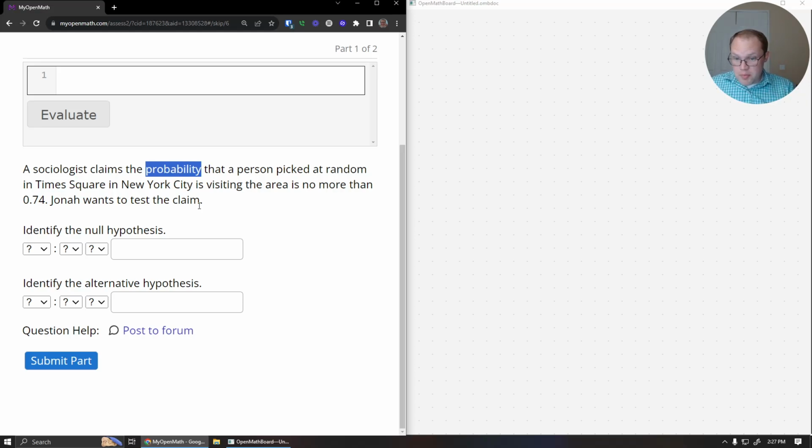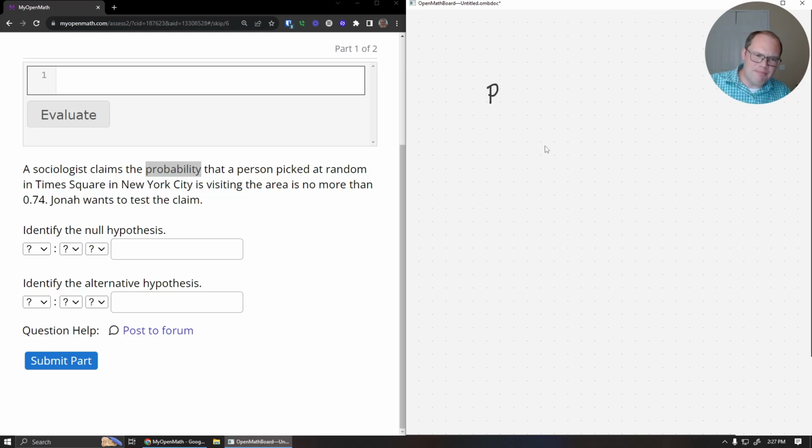Since we're talking about all the people in Times Square, if you pick someone randomly, the probability that the person picked at random in Times Square is visiting the area is no more than 0.74 is the same as the proportion being no more than 0.74, since the probability depends on how many people there are. Okay? So we're dealing with the population proportion, and it's saying it is no more than 0.74.